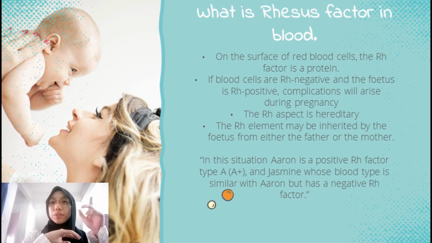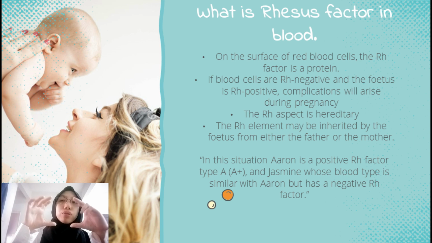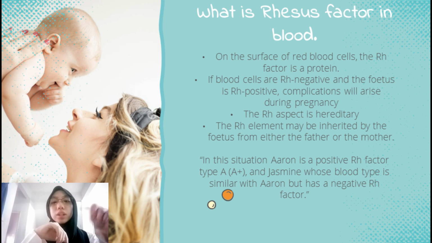Today, I would like to talk about the discussion. For the first objective, what is RH factor? RH factor is a protein on the surface of the red blood cells. RH positive can be determined if the blood cells contain this protein, and RH negative means that the blood cells lack this protein.